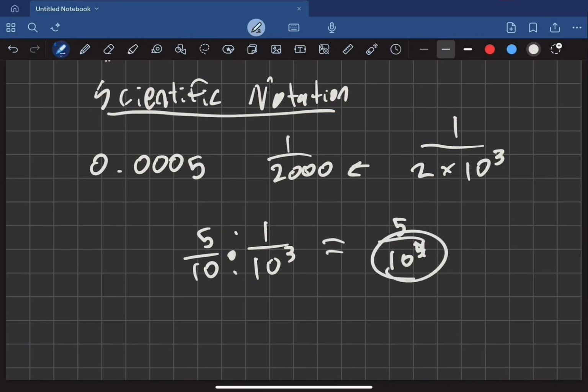Now you should notice if you have an exponent in the denominator, 1 over 10 to the x, that's the same thing as saying 10 to the negative x. So since you have 5 over 10 to the fourth, that's the same thing as saying 5 times 10 to the negative fourth.